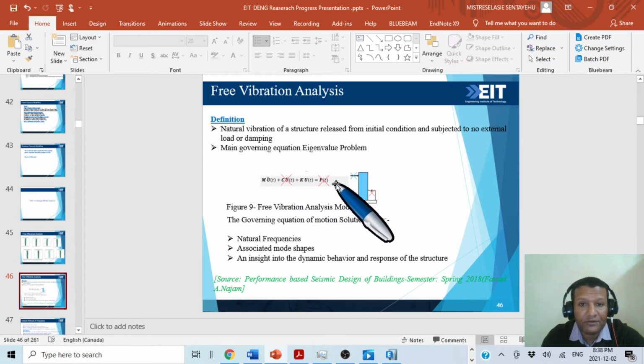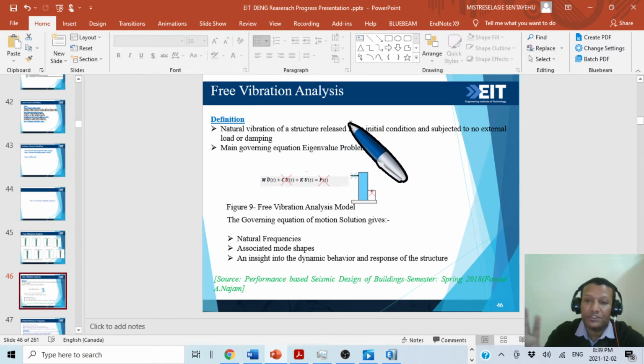As you can see, we have the main governing equation, the eigenvalue problem. We don't have any external load applied and we don't have any damping. So the damping term and external force application are absent in our building. This is why it is free vibration.